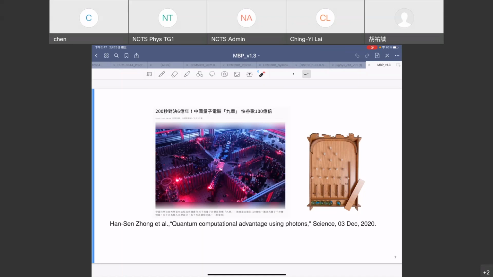They claim that you cannot simulate the distribution using a classical computer. So the result is very similar to Google's experiment. Anyway, this title is misleading, so let's forget this title.